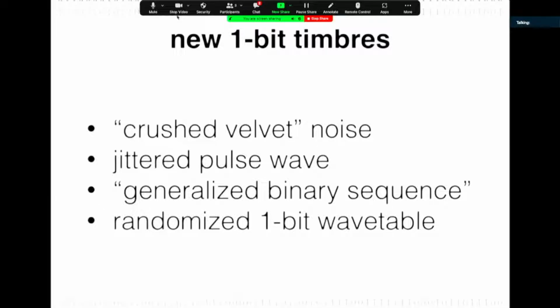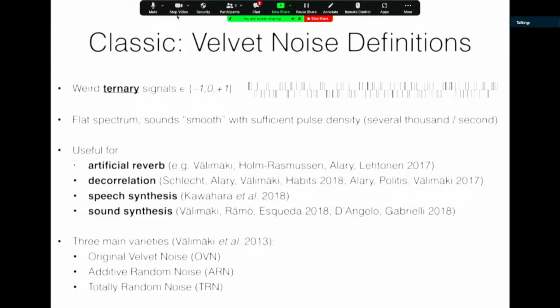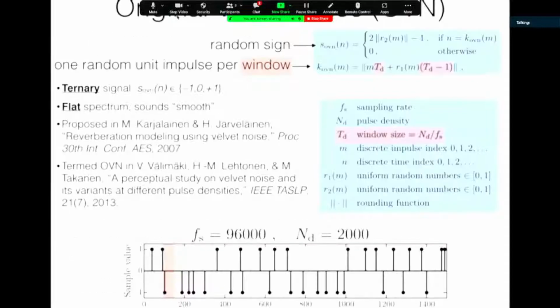There's a couple new types of timbres you can get from sound synthesis besides just square waves. One is this thing called velvet noise. And this is used in audio signal processing research for artificial reverb and decorrelation, speech synthesis, etc. It's basically a very sparse pulse train made out of plus and minus ones, but mostly zeros.